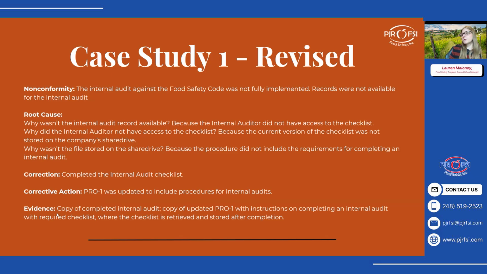What would you submit to the auditor? A copy of the completed internal audit, that would be your correction. And then a copy of the updated procedure with instructions on completing the internal audit with the required checklist, and where the checklist is retrieved and stored after completion. That would be your corrective action. So the auditors want to see the evidence of correction and corrective action.